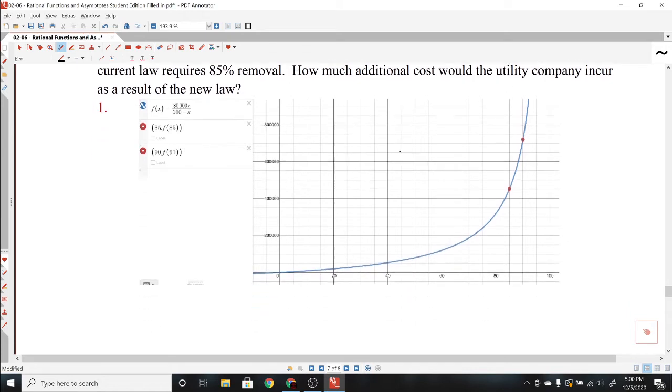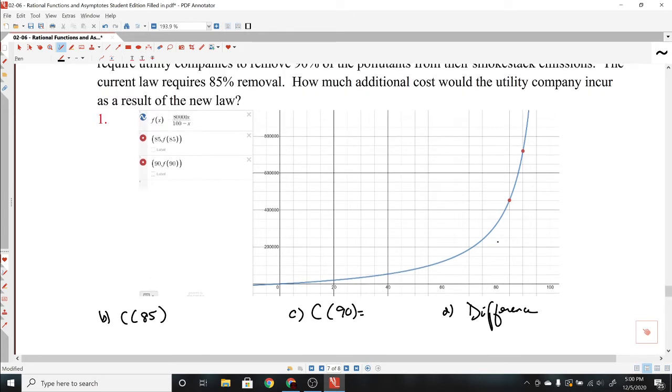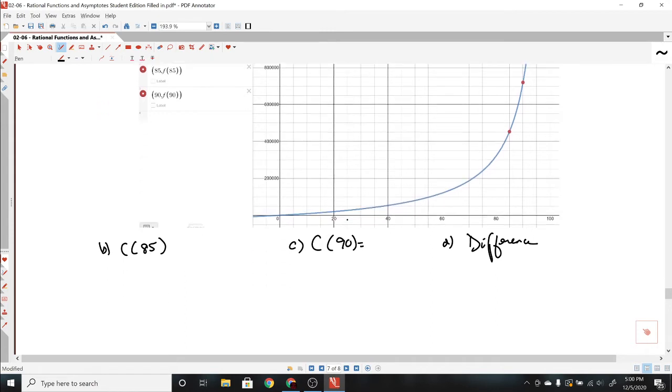All right. So for number 2, or part B, I need to figure out the cost of removing 85% of the pollutants, the cost of removing 90% of the pollutants, and then the difference. So the question is, how much additional cost would the company incur?